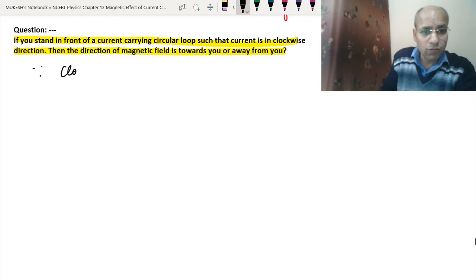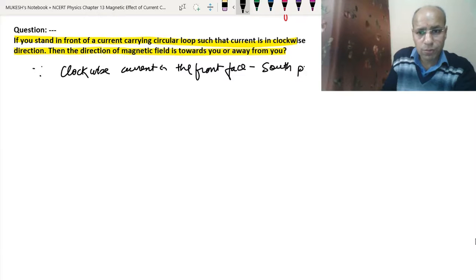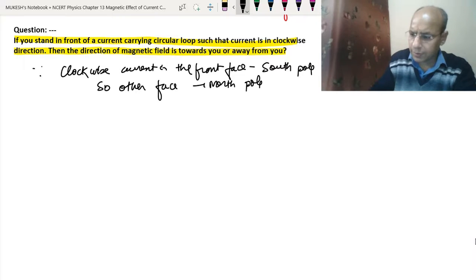Since clockwise current in the front face, so what does it mean? So it is a south pole. It means the other face is north, okay.